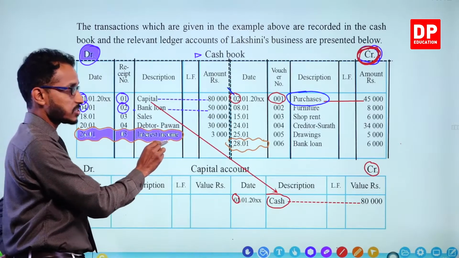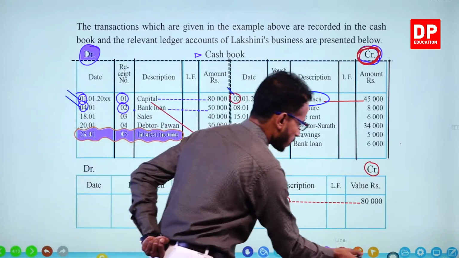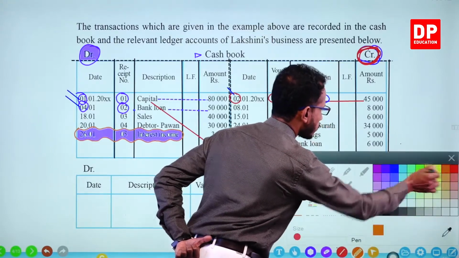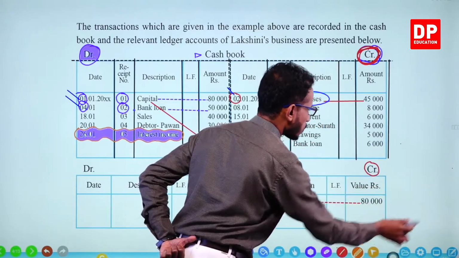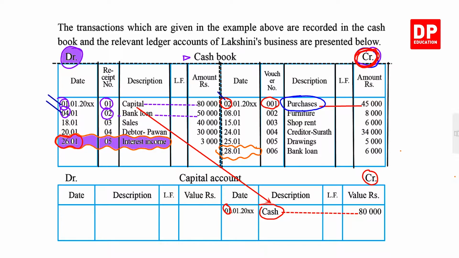I'm highlighting that transaction, children. This transaction has been done on 26th, and it is an interest income of 3,000.